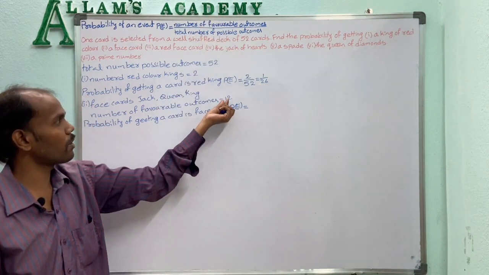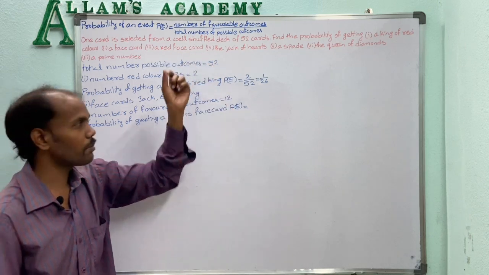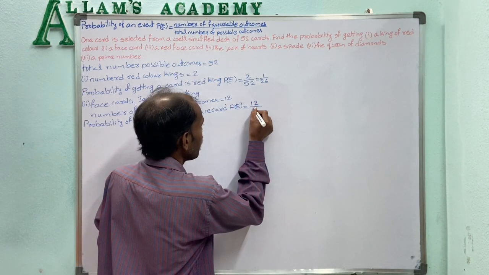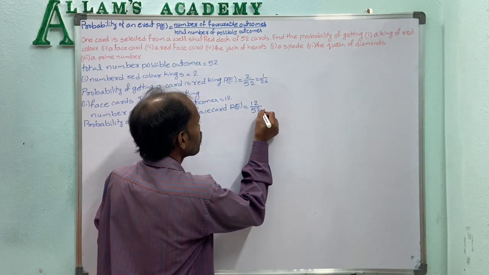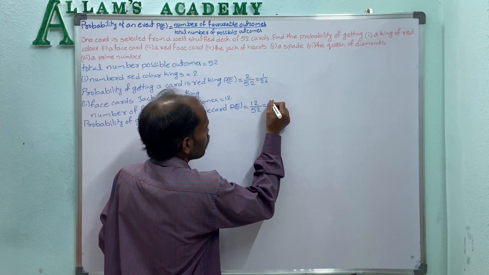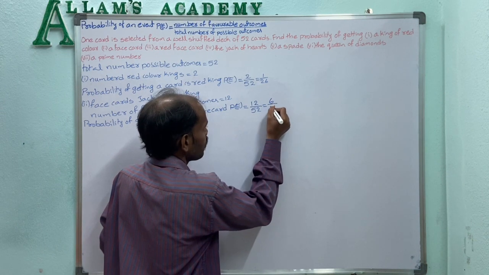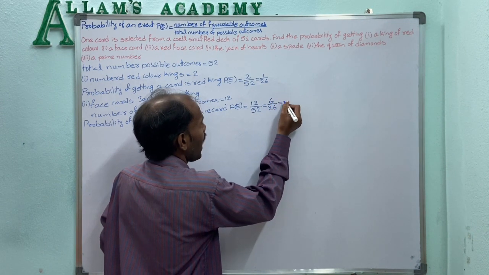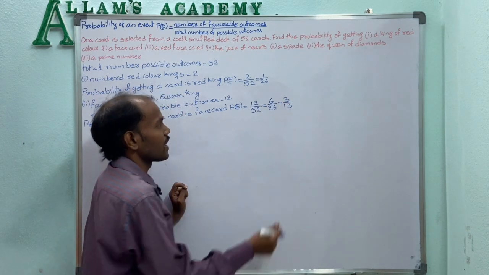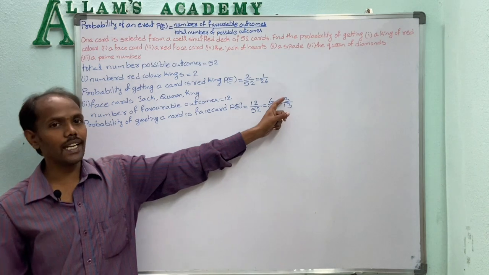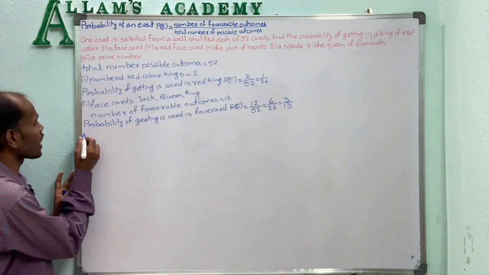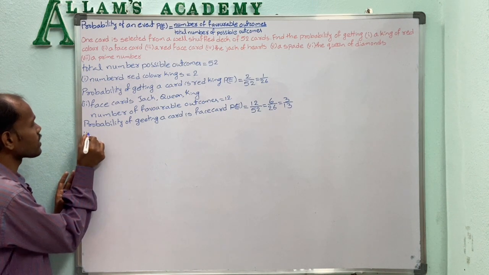Favorable outcomes are 12 and total outcomes are 52, that is 12 by 52. Simplifying, 3 by 13 is the probability of getting a face card from the deck of cards.